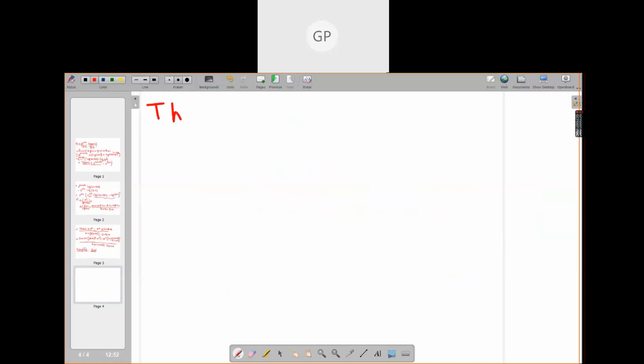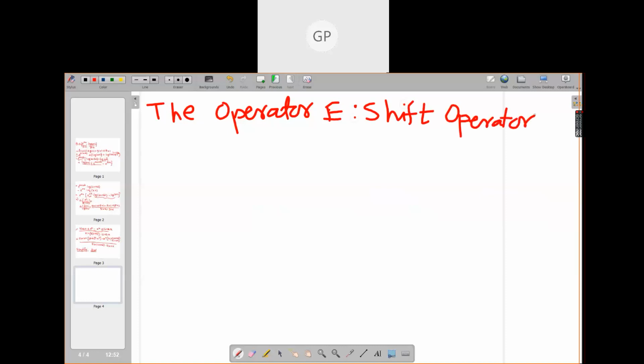It is capital E, called the shift operator.